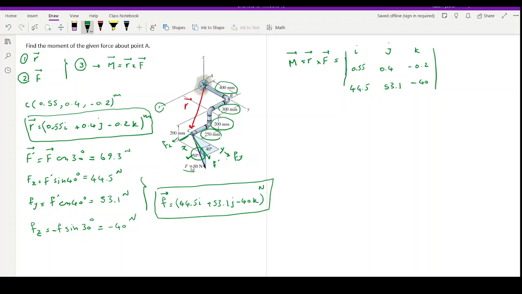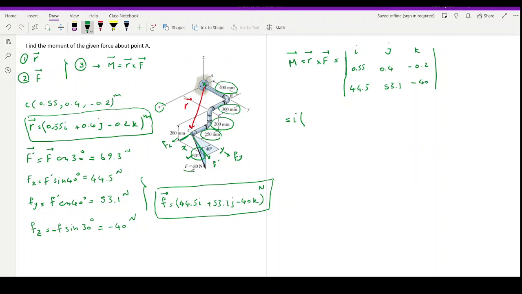Again, you need to solve it. It's going to be i times 0.4 times negative 40 minus negative 0.2 times 53.1, minus j times 0.55 times negative 40 minus negative 0.2 times 44.5, and so on. I'm just writing it for you guys.